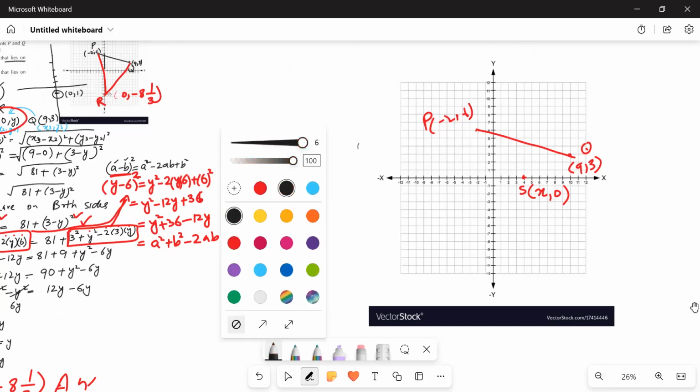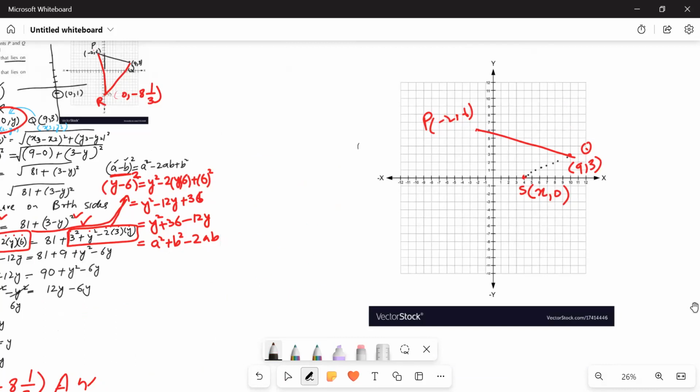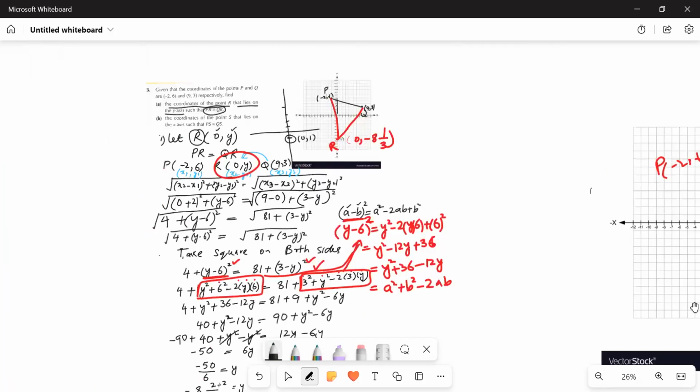Now we have to find the equidistance. They mentioned PS is the same, meaning this length is equal to this length. This is given: PS is equal to QS. Look here in the question.